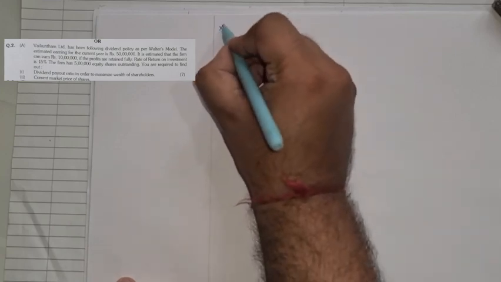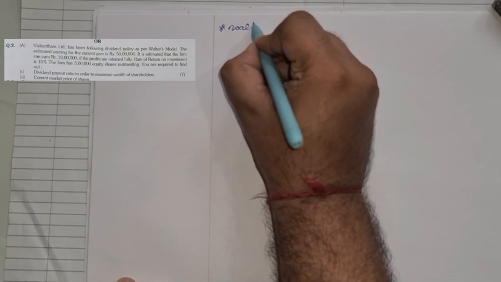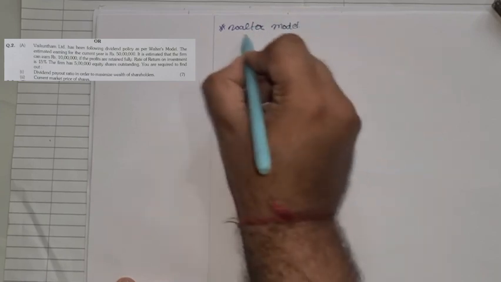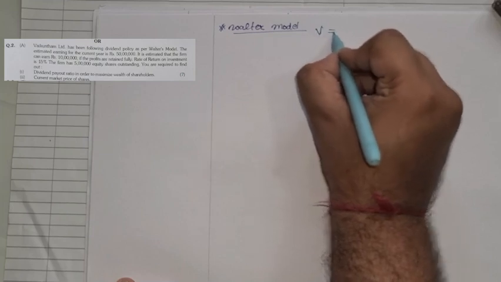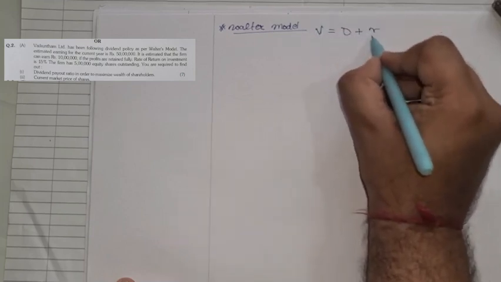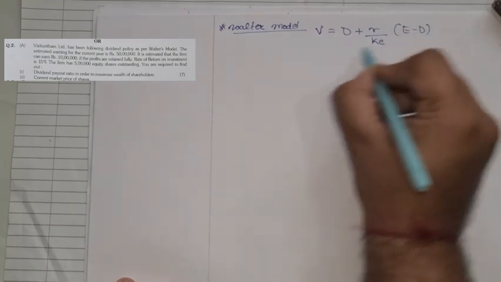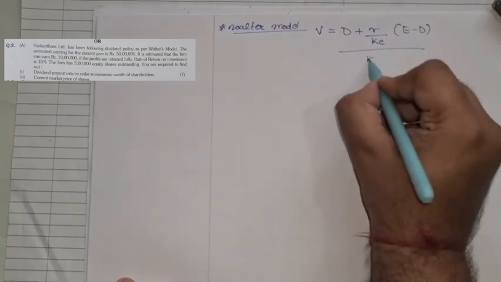Okay, so now this is as per Walter's model. So what we'll do is, first I'll note down Walter's formula. The formula is V is equal to dividend plus rate of return upon cost of capital into earnings minus dividend upon KE.